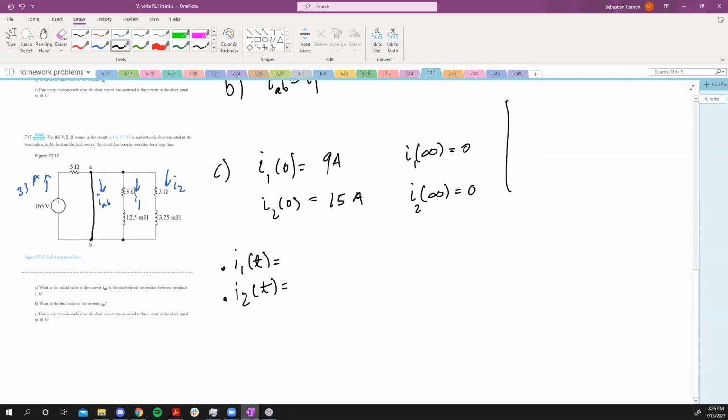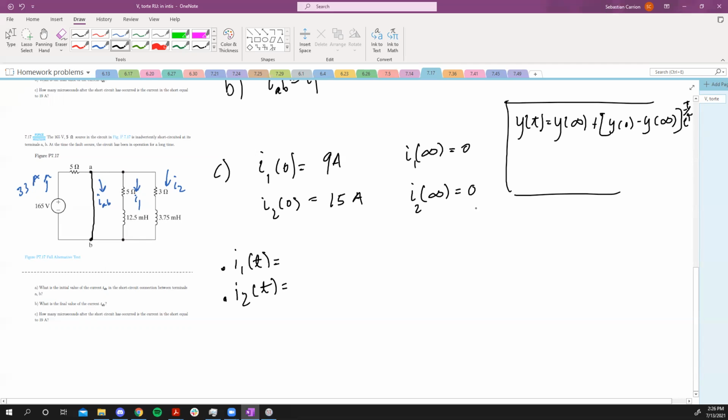To replicate that, we need the tau. We're able to find it, since we have the equivalent R and L equivalent for each.